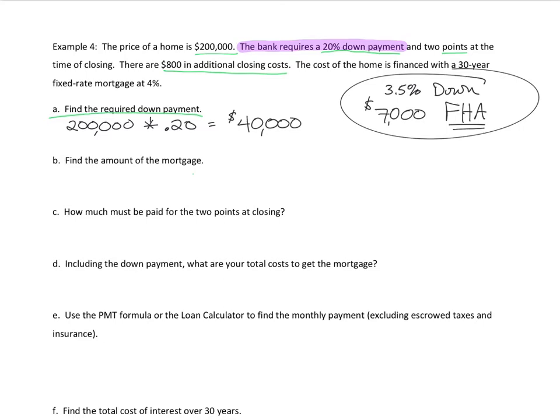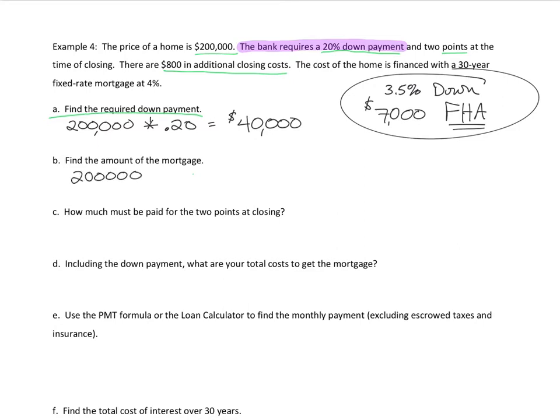So we found out how much the down payment was. The question then becomes, find the amount of the mortgage. Well, if the price of the home is $200,000 and you have only $40,000 right now, how much will you have to borrow from the bank? It's pretty simple.